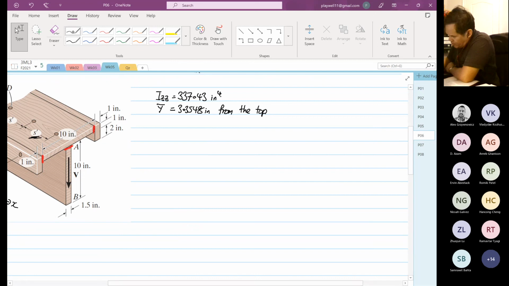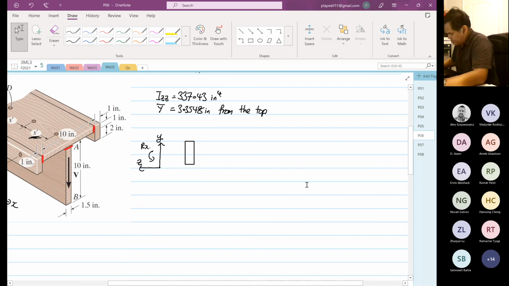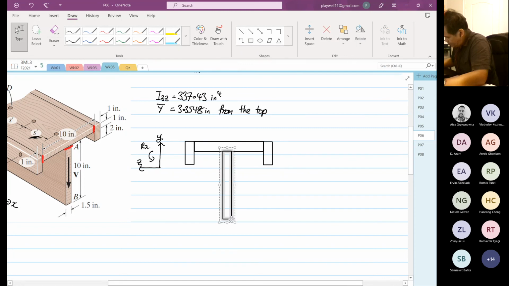Okay, so if I'm going to draw the beam now, this is my Y, Z, rotation X. So the first thing I recommend is to construct your shear flow.